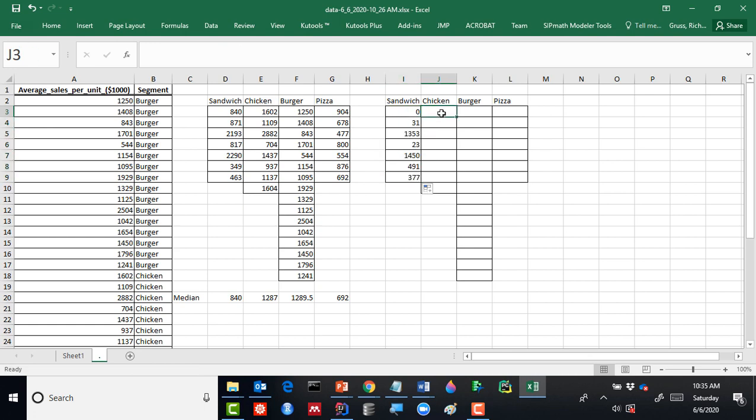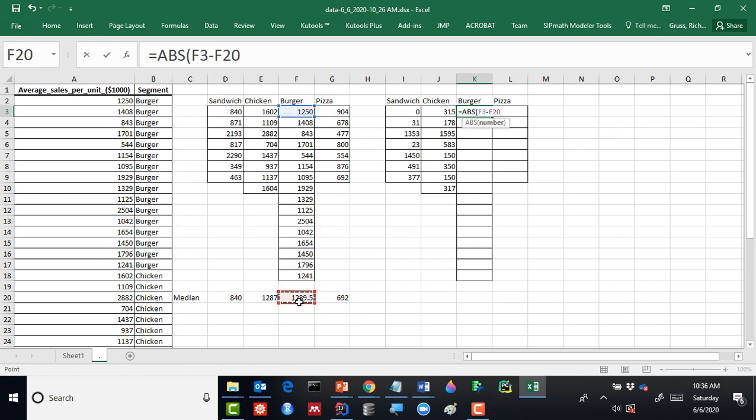Now for chicken, same thing. We're going to do the absolute value of this minus the median for the group, and again, we'll just drag that all the way down. There are shortcuts that we could take here, but I just want to make sure we understand what we're doing.